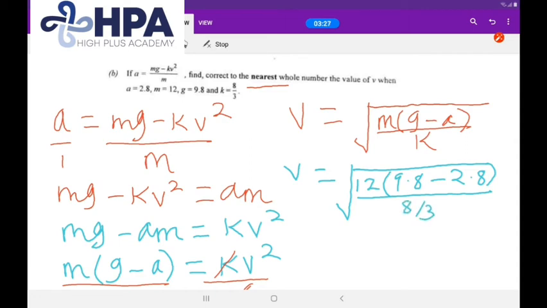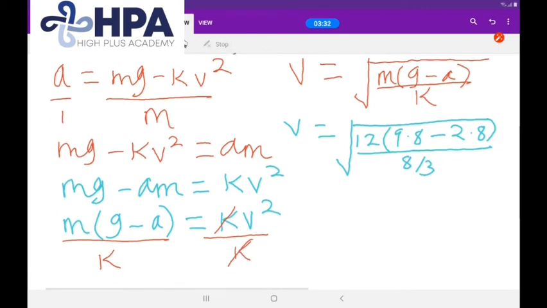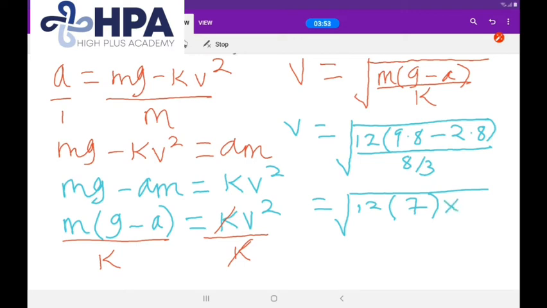You can also convert that to decimal. So if you do all this very well, you'll be getting the square root still. So we have 12. If you subtract 9.8 minus 2.8, you'll be getting 7. And 8 over 3, the 3 will go up here, so we have over 8.